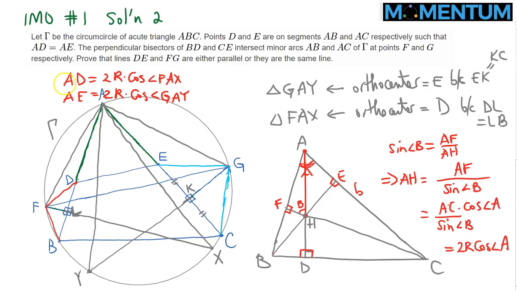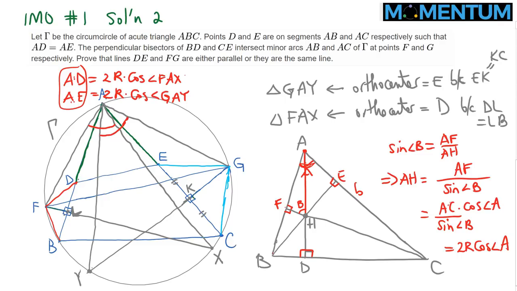And boom, because we know that AD is equal to AE, the left-hand sides are equal, so the right-hand sides should be equal. So therefore, we get that angle FAX is equal to GAY. So let's mark those two angles. FAX is this angle over here, and GAY is this angle. Nice.